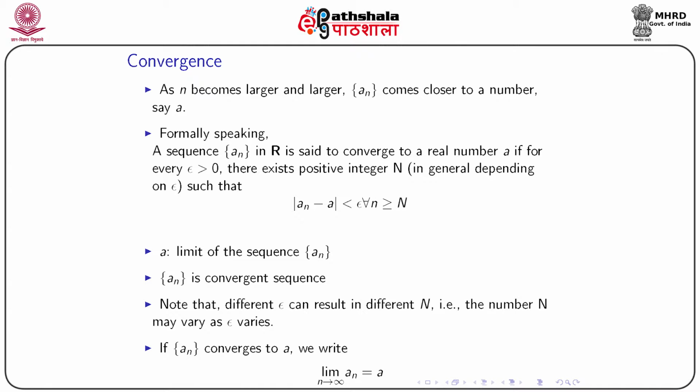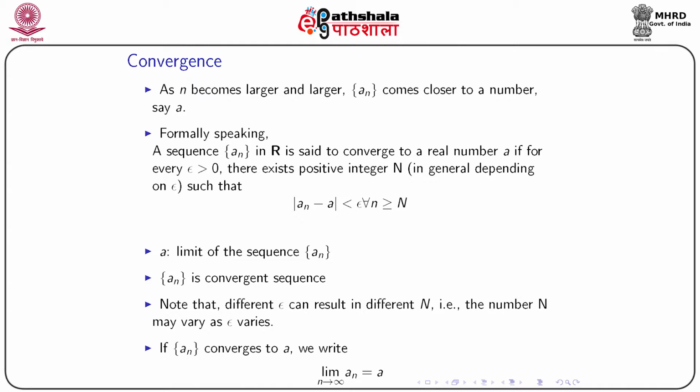A sequence an in R, so we are talking about a real number sequence made from the real numbers, is said to converge to a real number a if for every epsilon greater than 0 there exists a positive integer N, in general depending on epsilon, such that whenever n is greater than or equal to capital N, mod of an minus a is less than epsilon.